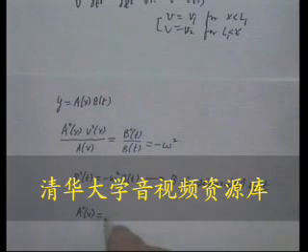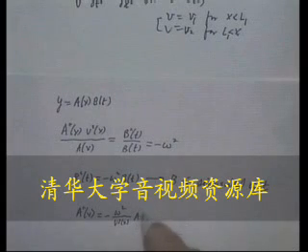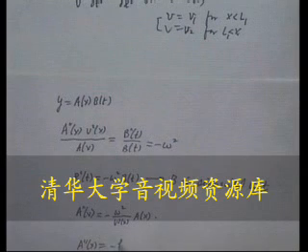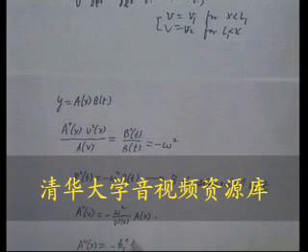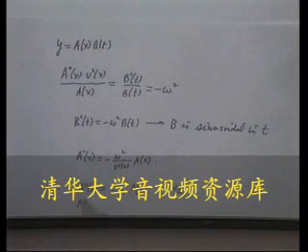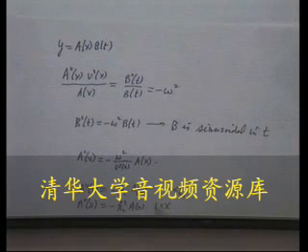But the A equation becomes now more complicated, because we now have A double prime equal to minus omega squared over v squared, which is a function of x, times A of x. Or we write it as A double prime equal to minus k1 squared A of x for x less than L1, and A double prime equal to minus k2 squared A of x for x greater than L1.